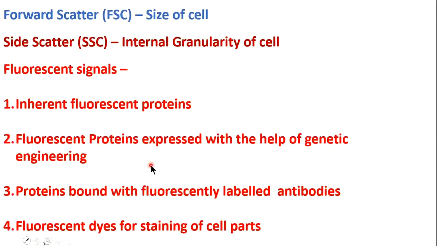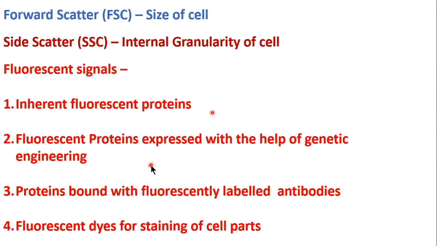And sometimes we can use fluorescent dyes for staining of cell parts. We can use a fluorescent dye called as PI, propidium iodide, to stain the DNA and get the signal of DNA in the flow cytometry. Then 7-AAD, then some cell death analysis dyes are there. But ultimately we are having different types of what? Fluorescent signals.